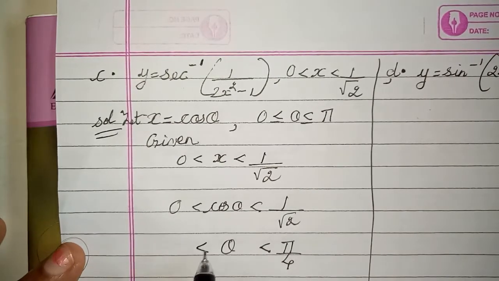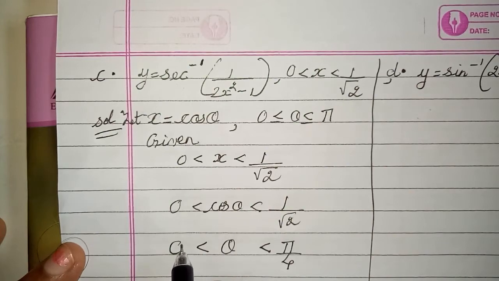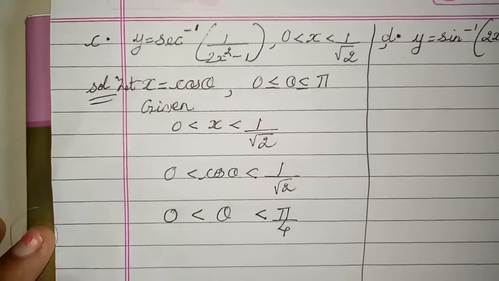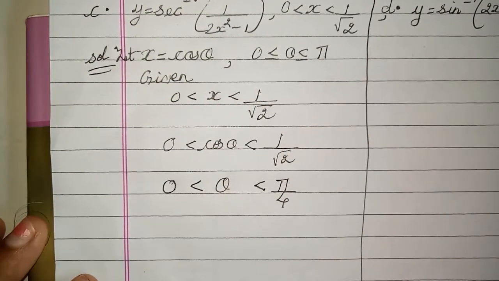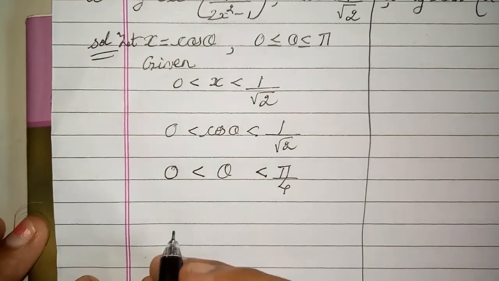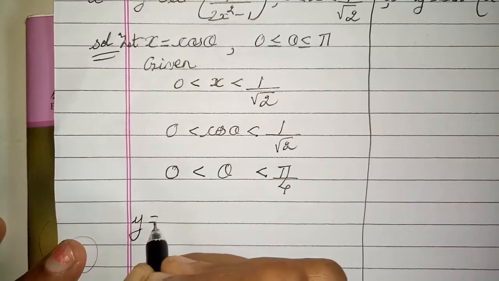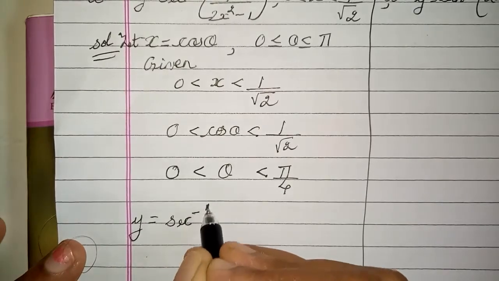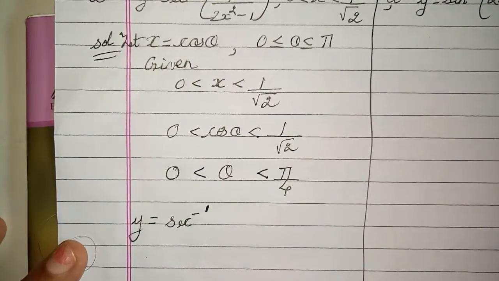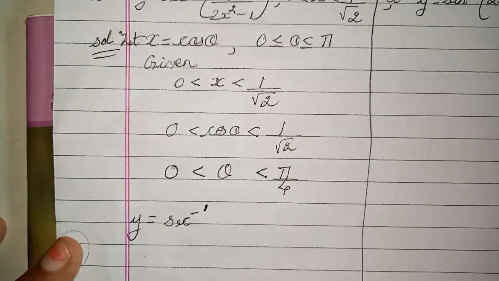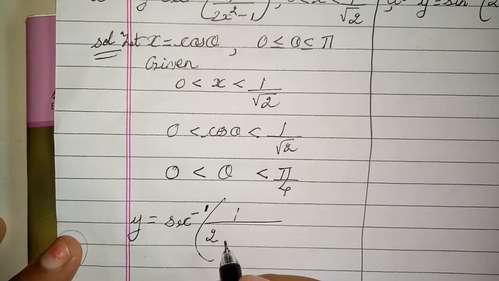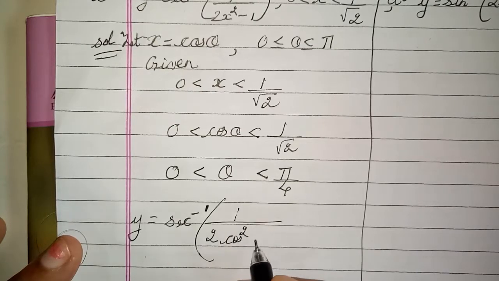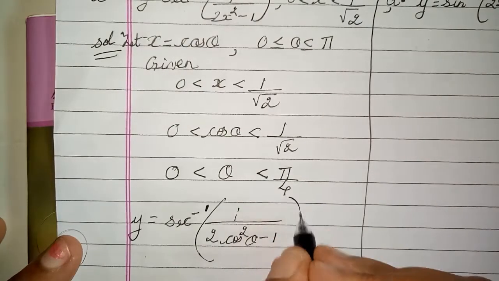Okay, this side I can write 0 because it is less, no? So no problem. Now we have to check this. So y equal to sec inverse of 1 upon 2 cos square theta minus 1.